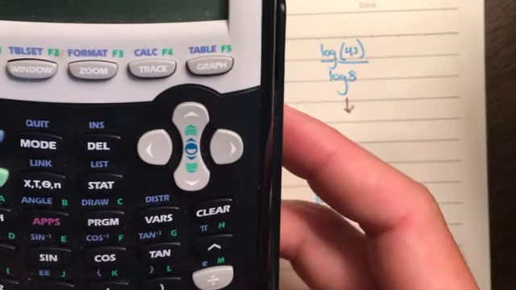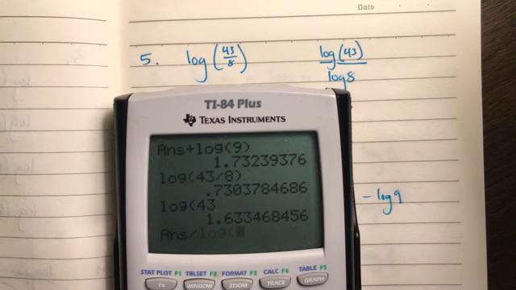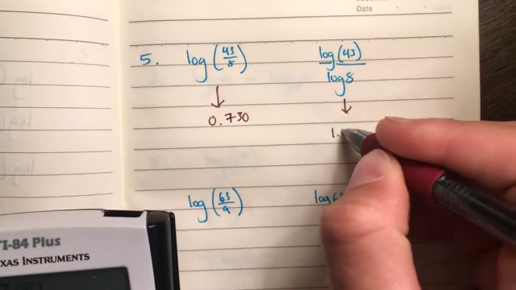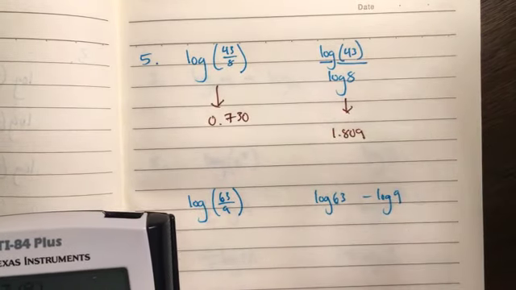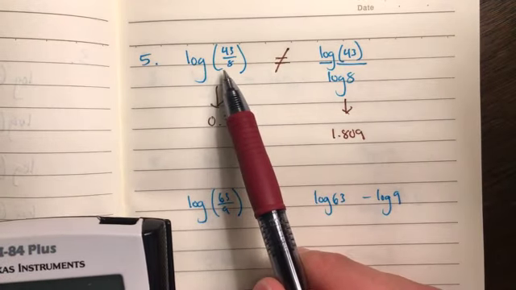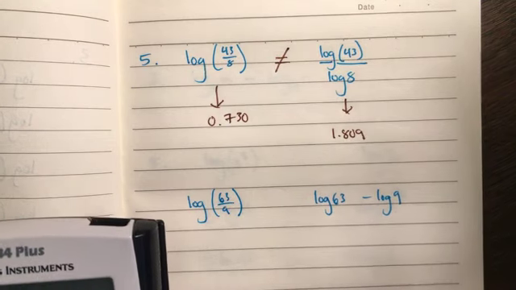Now let's find log 43 and divide it by log of 8. And we get 1.809. Okay, so it looks like these two things are not equal. That is, the logarithm of a quotient is not equal to the quotient of the logarithms.